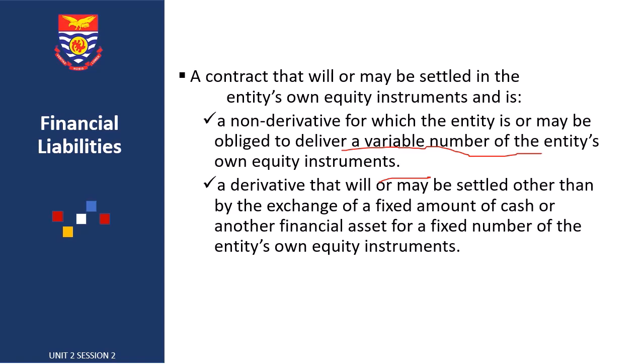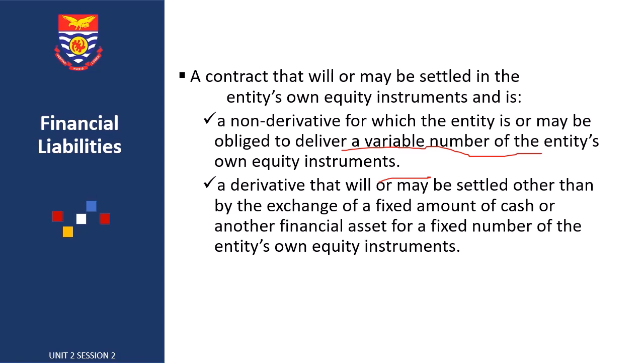So what we are basically saying here is that a financial liability is a contract that will or may be settled in the entity's own equity instrument. So you are going to use your own equity shares to settle this liability at the end of the day. And in so doing, the first aspect is that it's going to be a non-derivative financial instrument.